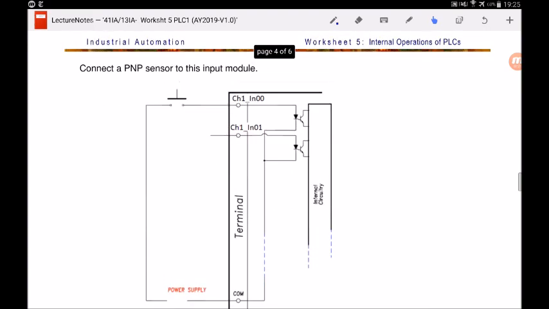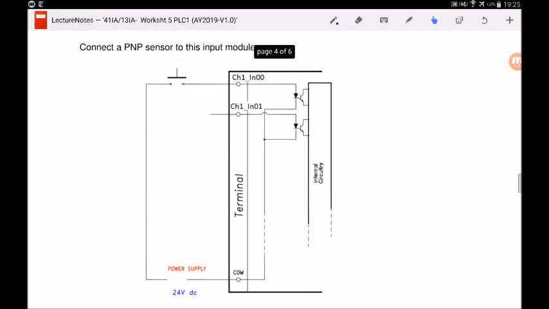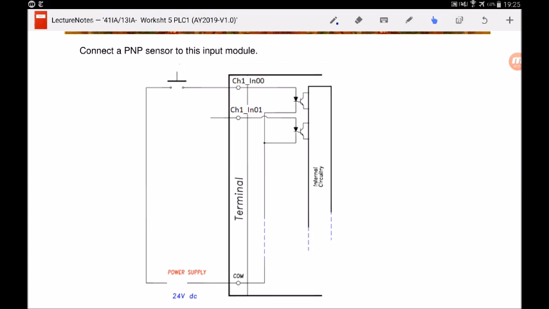Now, in this question, they asked me to connect a PNP sensor to this input module. So let's connect a PNP sensor here to this PLC input module. So let's take a look. I will first draw a box, and you will always connect the signal to the input module.